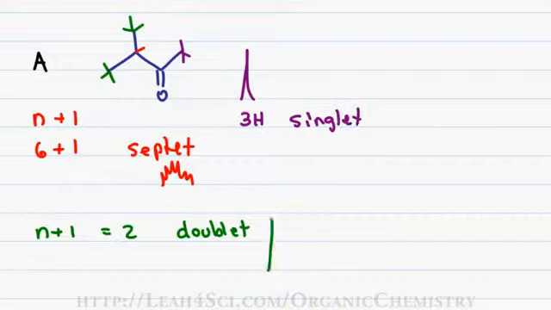Last but not least, we want to guesstimate the approximate shift for each peak. Since the singlet is by itself, it is located next to a carbonyl carbon which is partially positive. It will be somewhere in the boring region. We can guesstimate a shift between 0 and 2. The septet, being located near the carbonyl, and all these terminal hydrogens, it will still be located within the boring region, meaning somewhere closer to the right.